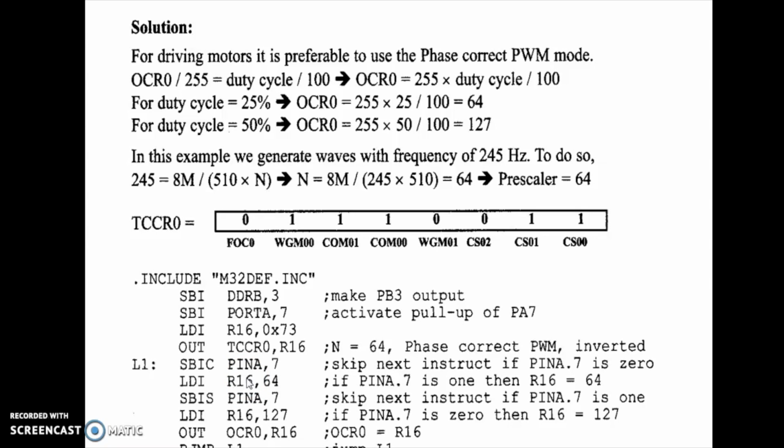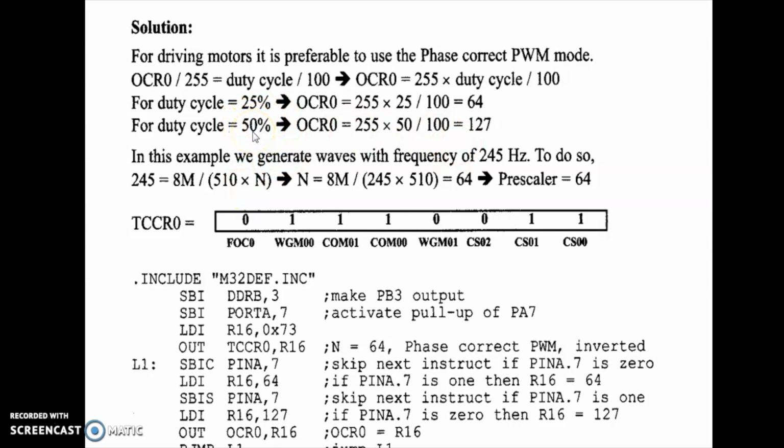So it skips the next step, that is LDI R16, 64, which will be skipped, and it moves to the next instruction, that is SBIS PINA, 7. While checking, that condition is false, so it moves to the next instruction, that is R16 is loaded with the value 127, which means 127 is for 50% duty cycle.